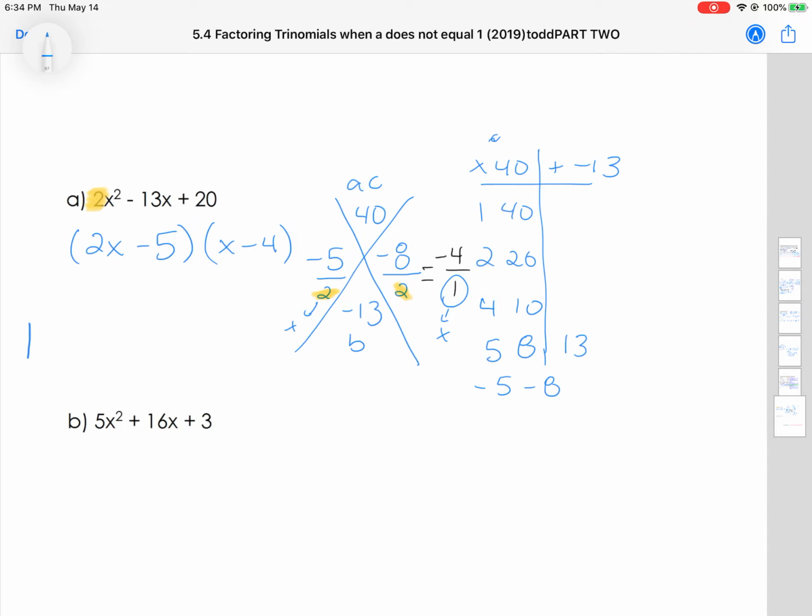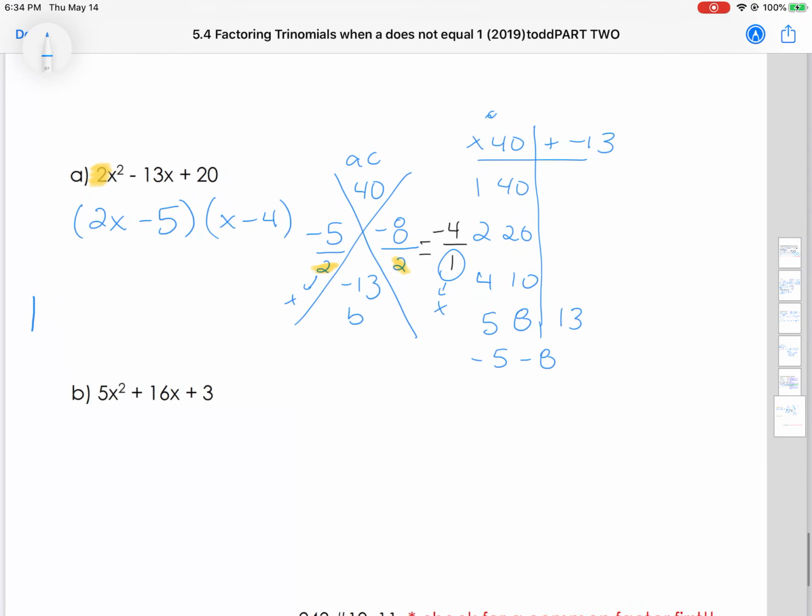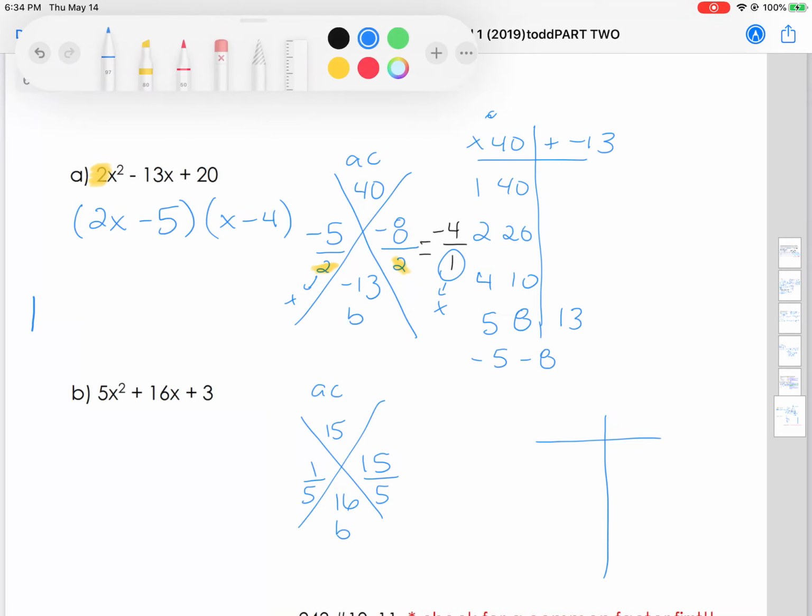Okay, let's do another one. So check for common factor. 5, 16, 3, no common factor. So let's make our x. A times C is 15. B is 16. Maybe this one's easier. This is one maybe you could do in your head. So we're going to do 15 and 1. Okay, so again, divide by the A value.